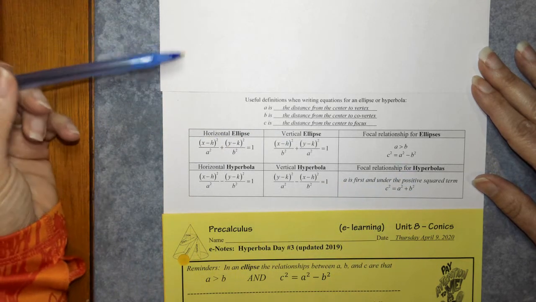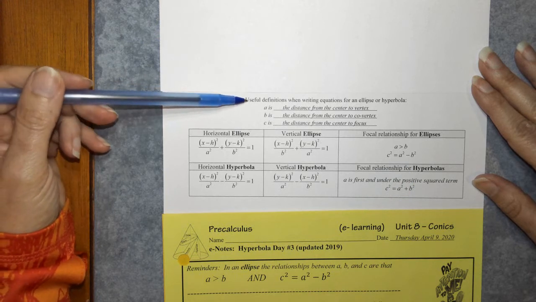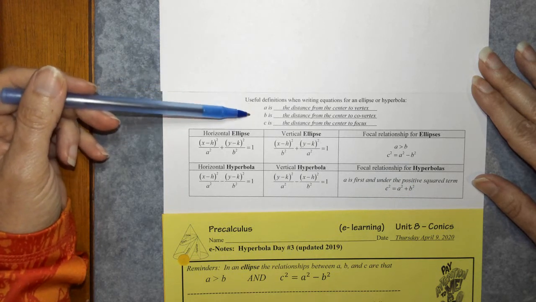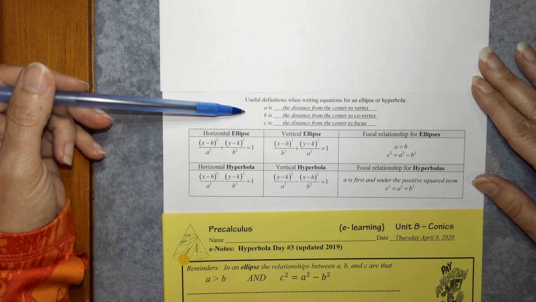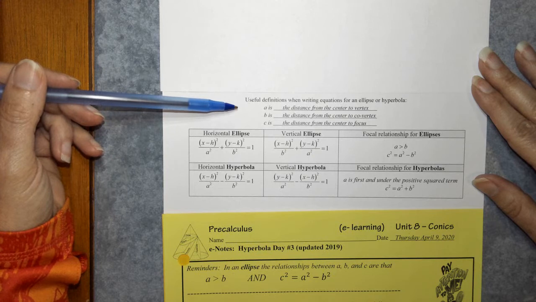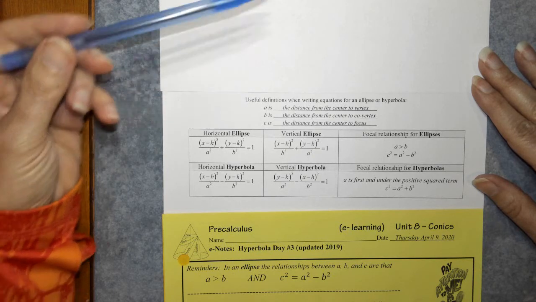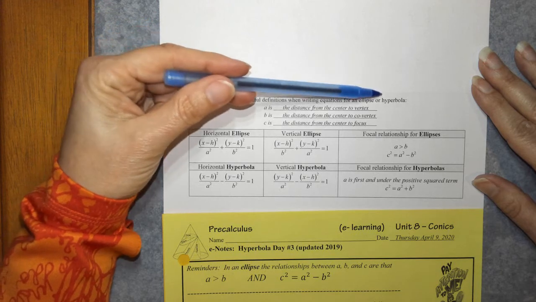Okay? The other thing we want to talk about as long as we're looking at page 2 is we want to remind ourselves of these definitions. Although they're on the back, they exist on your ellipse number 2 notes when we learned how to write equations for ellipses, so you can always have them side by side if you need something. And these definitions are true whether we're working with an ellipse or a hyperbola.